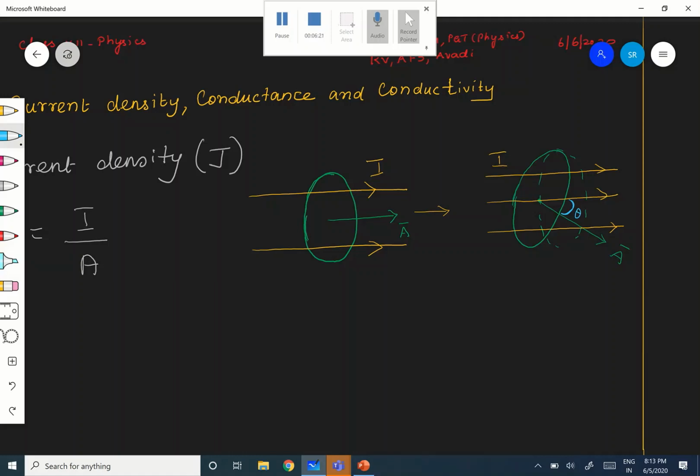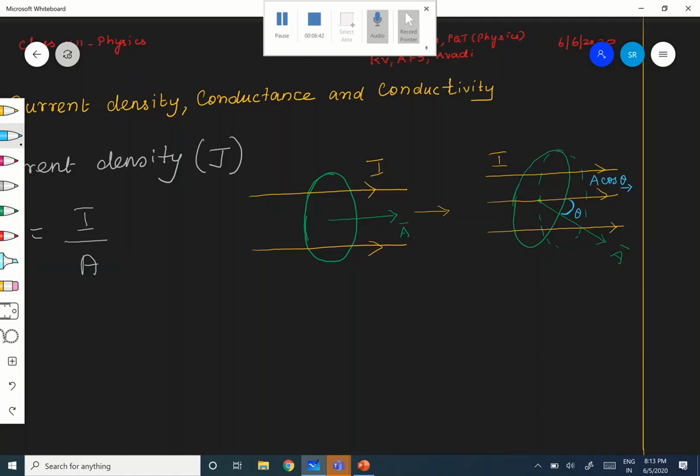Very important is that the area should be held normal to the current. Which component of the area vector is normal here, in this direction? A cos theta will be in this direction. Correct?